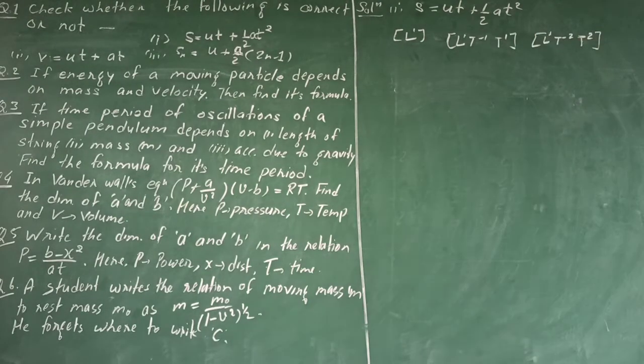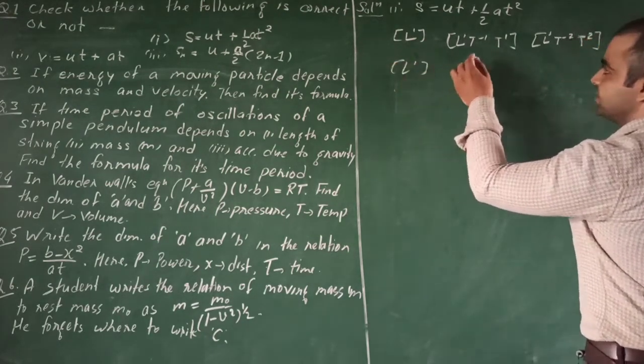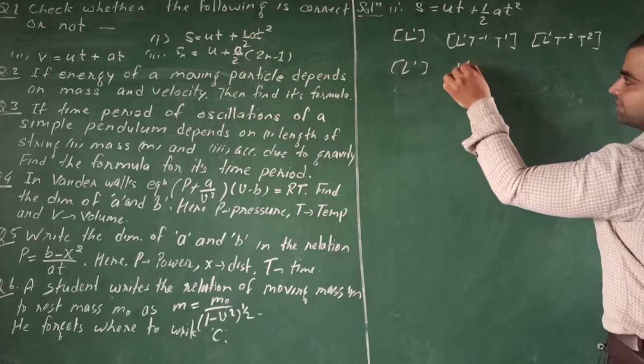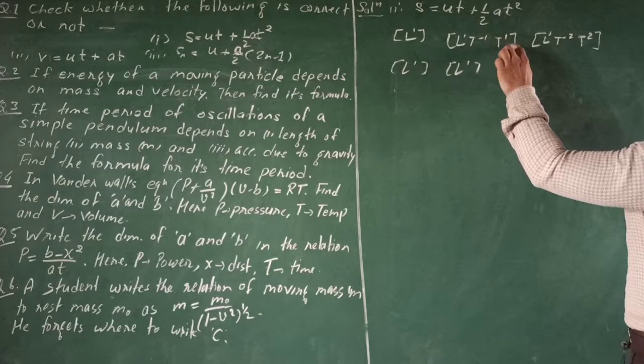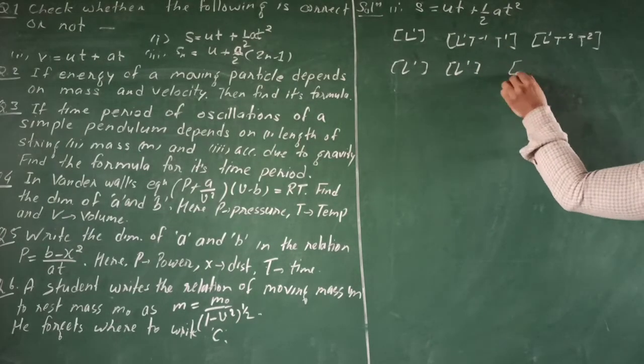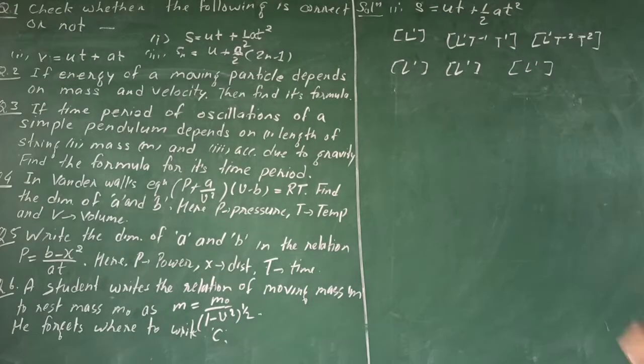time 2. Here this is L1, this is L1 t minus 1, t plus 1, this will be L1, because t plus 1, t minus 1, there is no t. This is L1 t minus 2, t plus 2, no t.